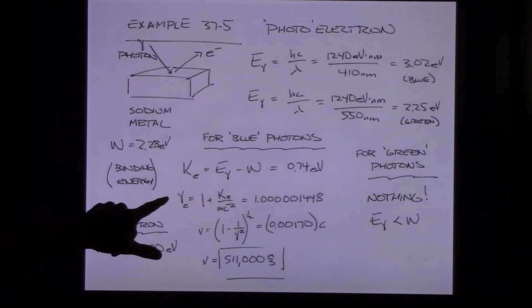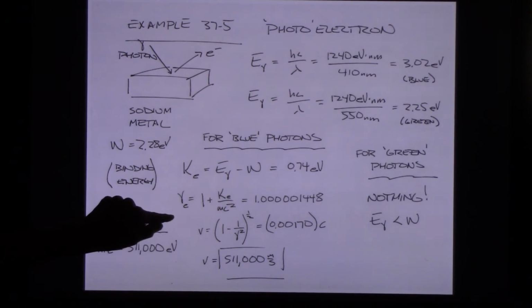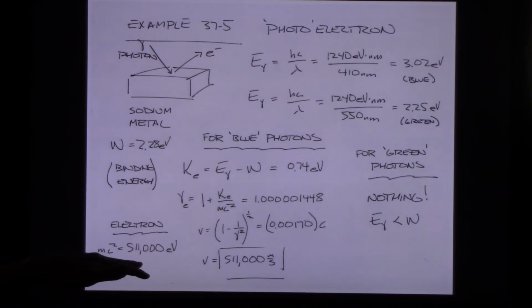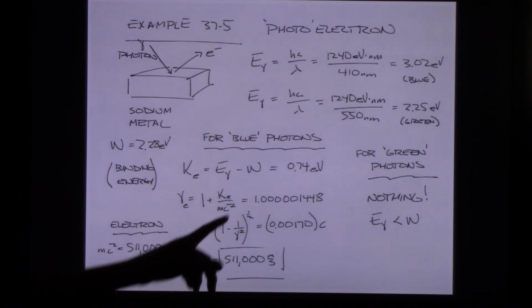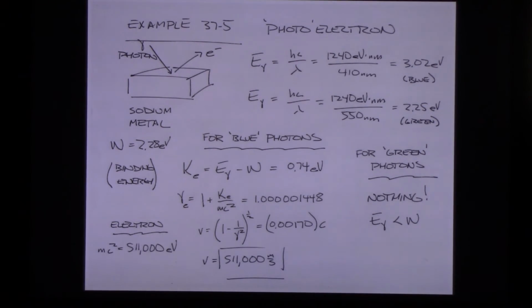In the relativity chapter, we learned that the gamma value for the electron would be 1 plus kinetic energy over mc squared, where the electron mc squared is 511,000 eV. I got a gamma factor of 1.000001448. You know what? This electron doesn't necessarily require us using relativity, but why not?